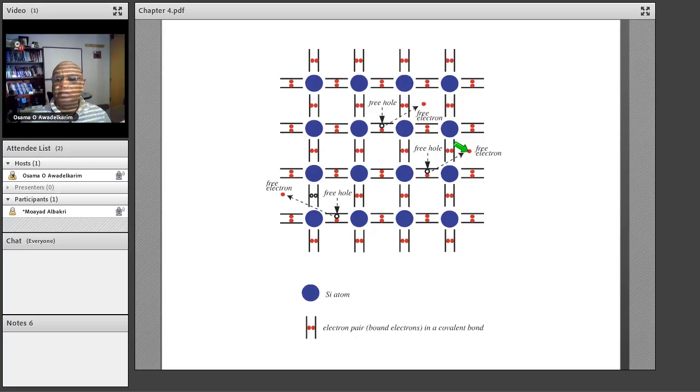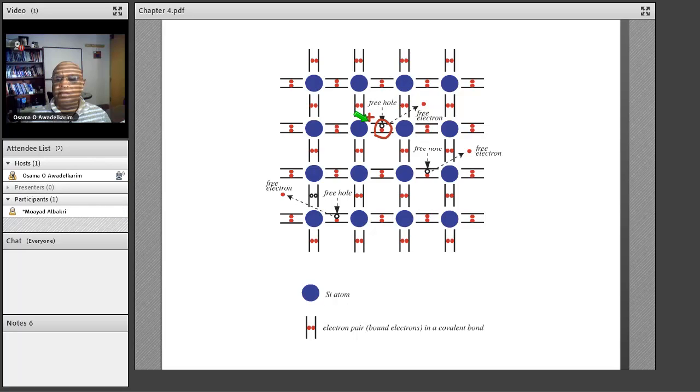What do they leave behind? They leave behind a need for an electron, a hole, a loss of an electron, if you like. So there is an electron needed here, so you have a hole here. Because the electron has a negative charge, when the electron leaves, this whole region becomes positive in charge, because we need an electron to make it neutral.